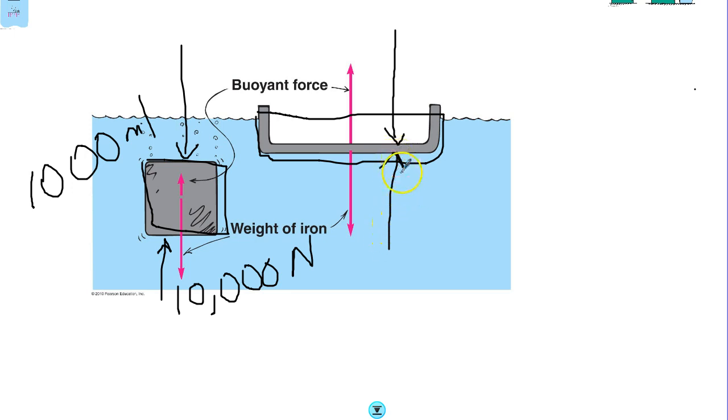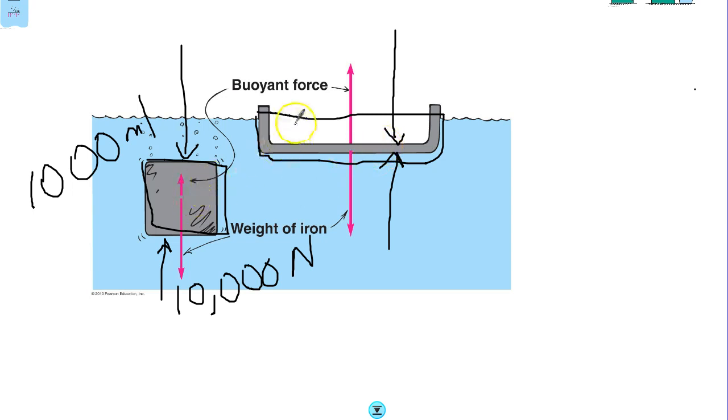And so the buoyant force has to do with how much water it displaces. If it displaces a bigger volume, then there's going to be a bigger buoyant force pushing on it. And if this buoyant force is equal to the force of gravity, then the object will float.